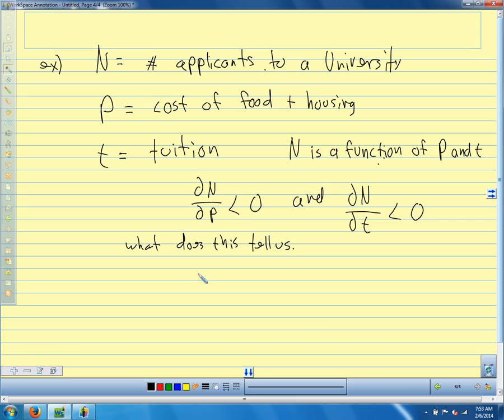As the tuition goes up, the number of applicants goes down, and as the cost of food and housing goes up, the number of applicants goes down. So our number of applicants decreases as our cost increases.